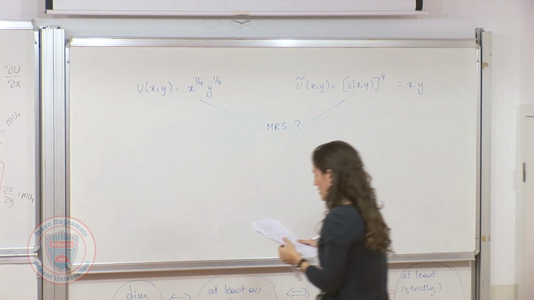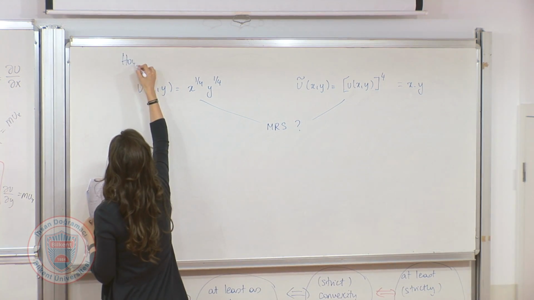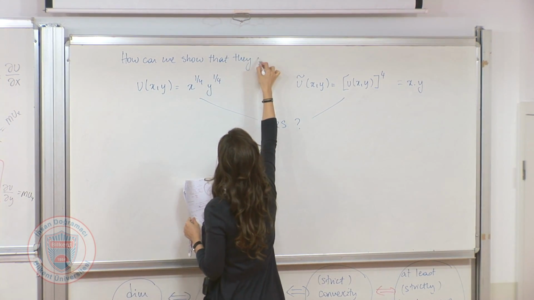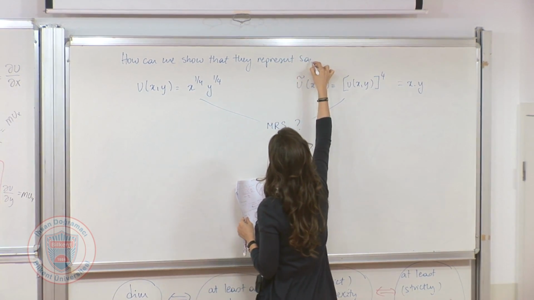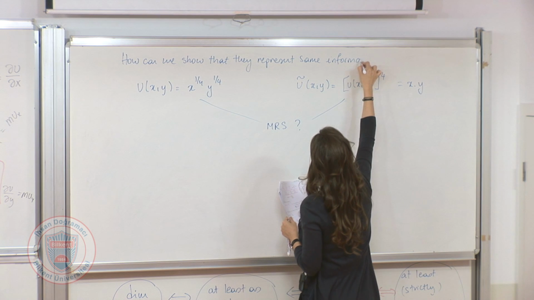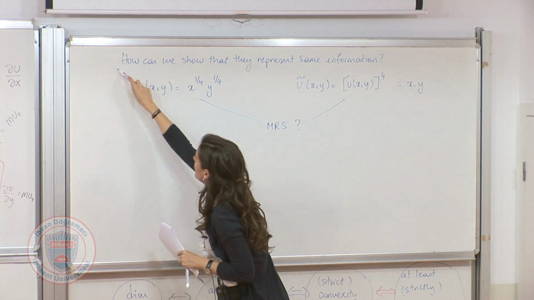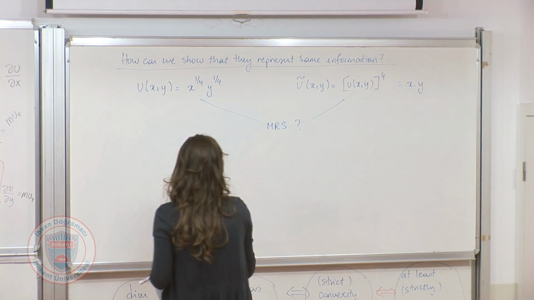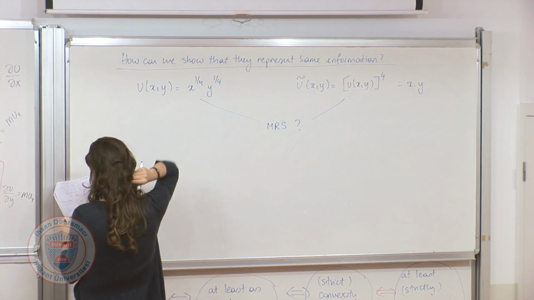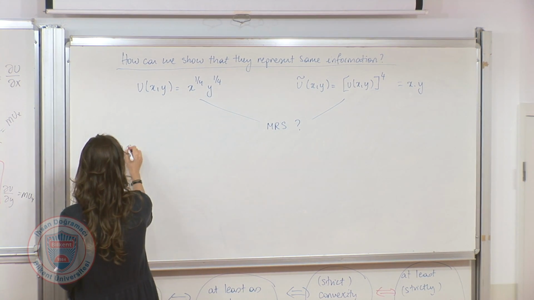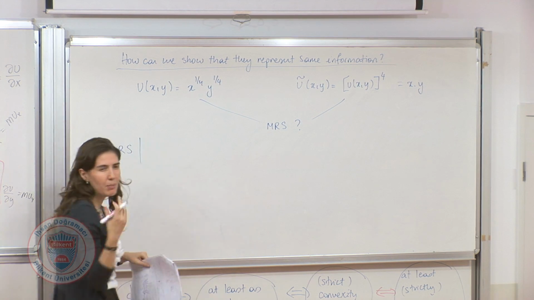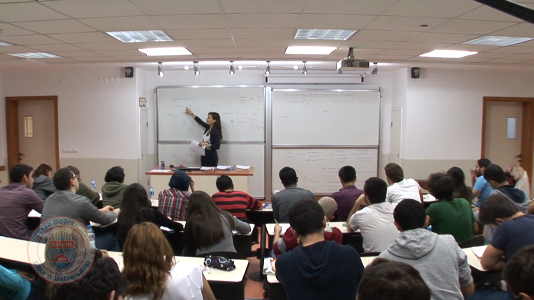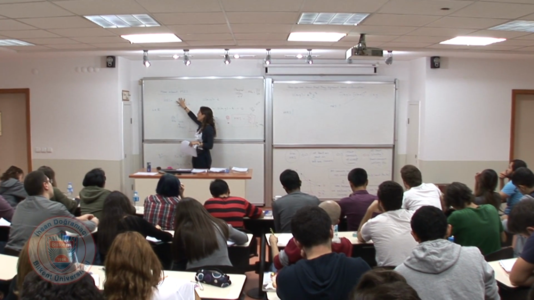So let's do this. The question: how can we show that they represent the same information? Of course, we're not showing it fully formally, but just to have some idea. How do I know that in both cases the MRS is going to be similar? We know that the MRS, the marginal rate of substitution, by definition is the absolute value of the slope of the indifference curve.